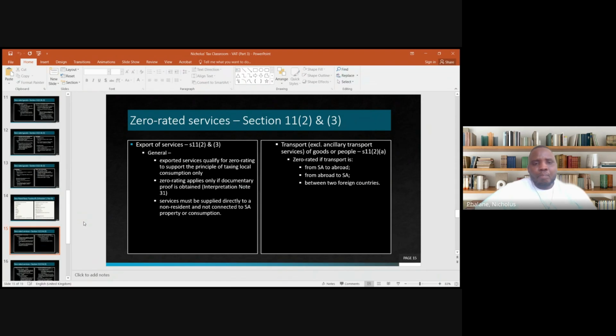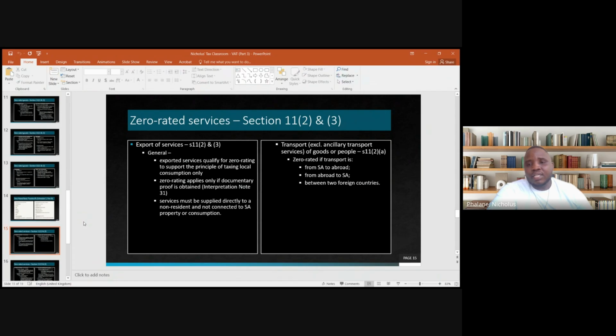Zero rating applies only if documentary proof is obtained. Interpretation Note 31, but also remember Section 11(3) because it speaks about documentary proof. Services must be supplied directly to a non-resident and not be connected to SA property or consumption. All right. So firstly, let's look at transport, excluding ancillary transport services of goods or people.